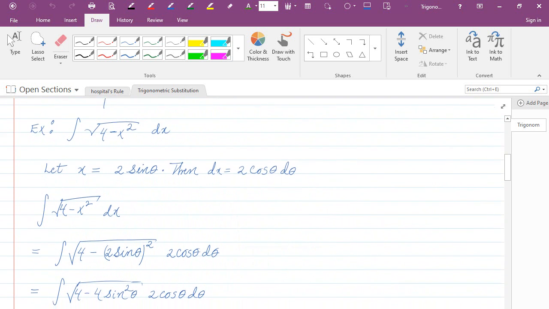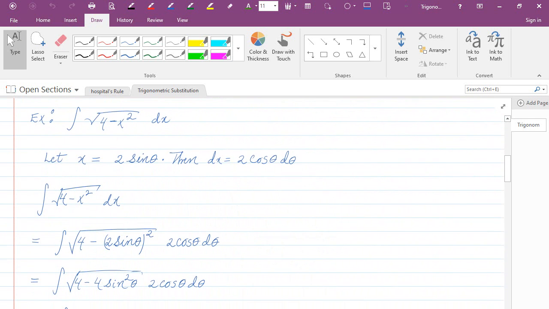So here is an example. Let's say I have the integral of root of 4 minus x squared dx. Here we will make the substitution x is equal to 2 sine theta. Then dx, the differential of x, would be 2 times the derivative of sine theta, which is cosine theta, times d theta.